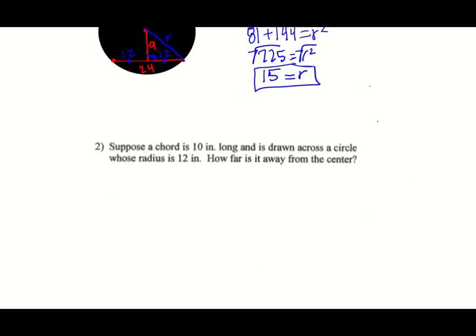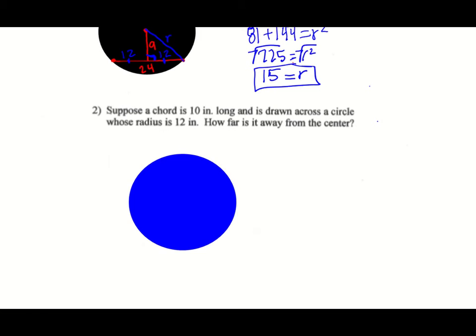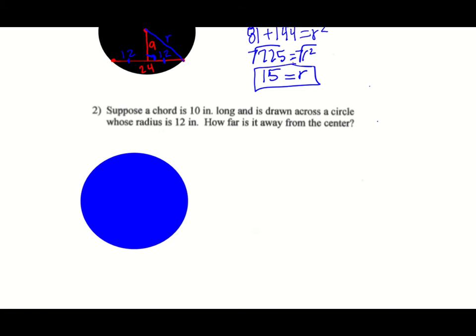Okay, so let's move down to number 2. I'm going to draw a circle here. It says, suppose a chord is 10 inches long and is drawn across a circle whose radius is 12 inches long. How far is it from the center?